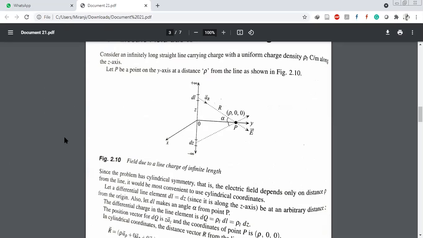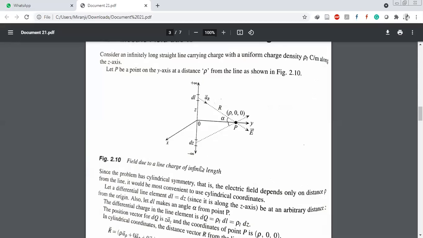See here, that is P. The distance is considered here as rho.